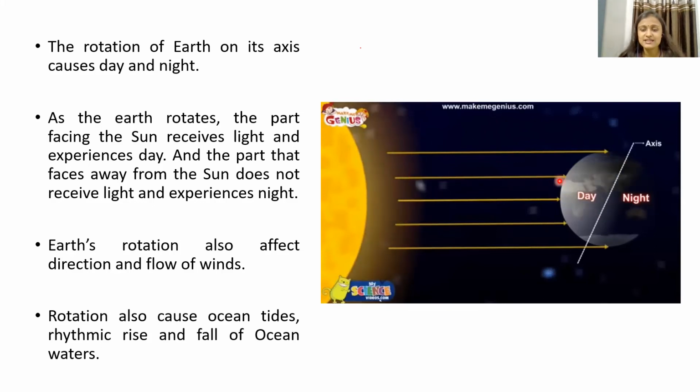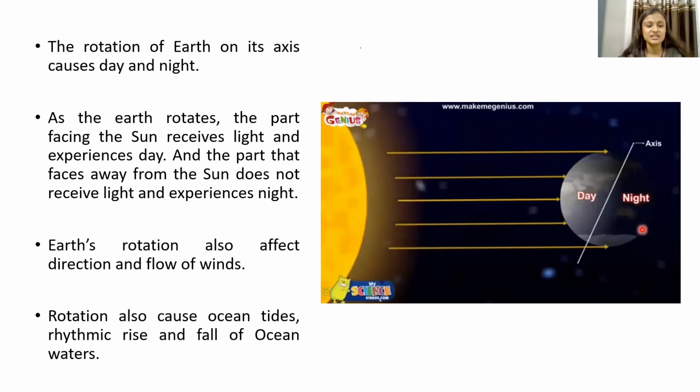These yellow lines are sunlight, and this yellow thing is the sun. The half of the Earth which is receiving sunlight experiences daytime, and the other half which is not receiving sunlight is experiencing night. That's why in 24 hours we receive 12 hours of sunlight, and 12 hours of night time, from evening to night.